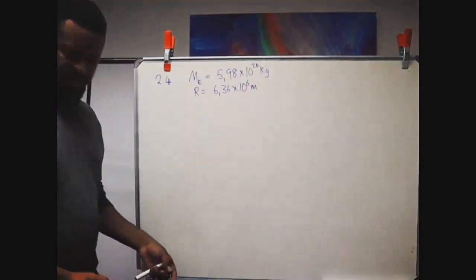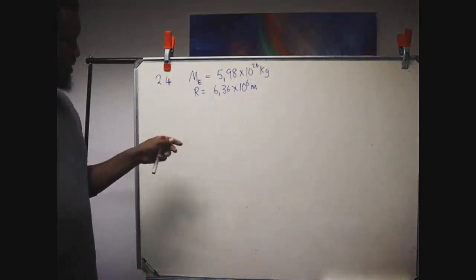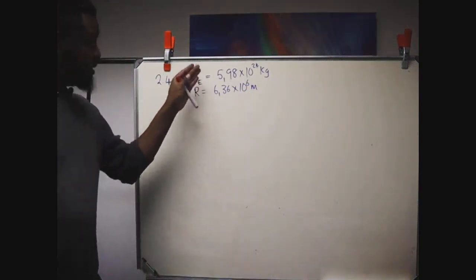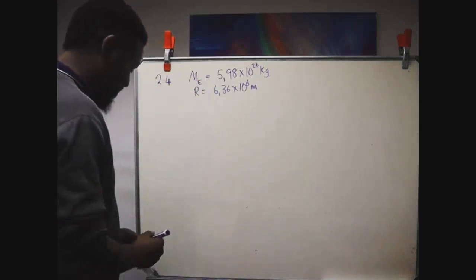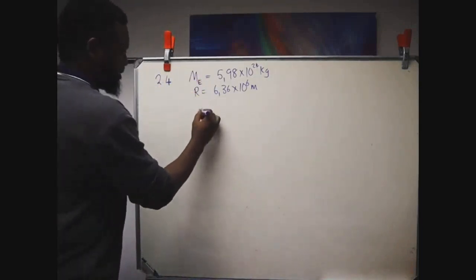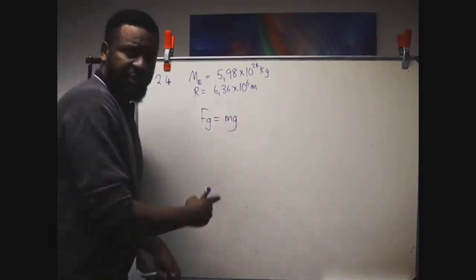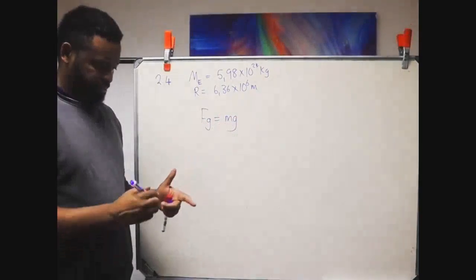Now, sometimes the examiners will give you this information, but you'll notice that in this question, you could use this information or you might not use this information. I'll explain what I mean. Generally, weight of an object is mass times the gravitational strength where the object is placed, the G of the object.